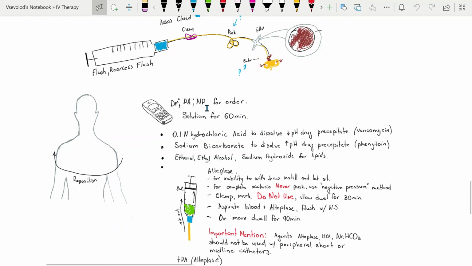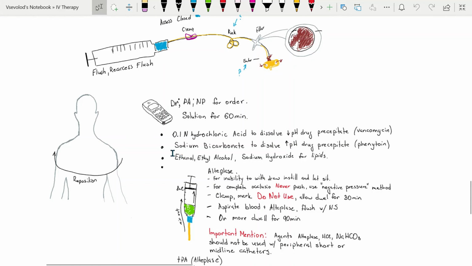The following solution can be instilled into the central vascular access device in a volume that approximates the central vascular access device internal priming volume. This solution is instilled and left in the catheter for at least 60 minutes before withdrawing the solution. So 0.1 N hydrochloric acid can be used to dissolve low pH drug precipitate, such as vancomycin.